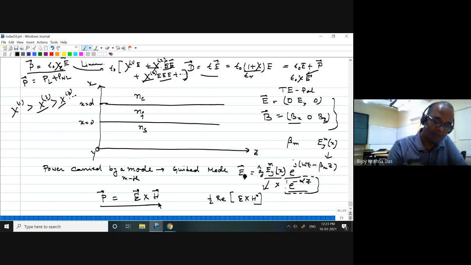Normally, electric field and magnetic field need not be in phase. If it is not free space, they can go out of phase also, because their relationship is E by eta equal to H, is it not?